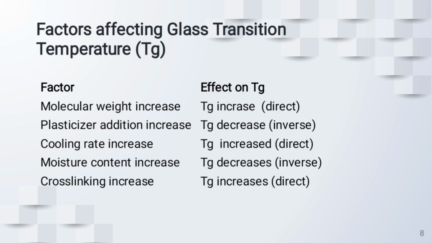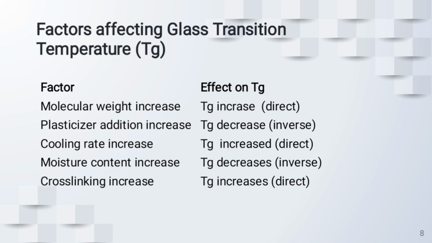It means it is inversely proportional. If the cooling rate is increased, then the transition temperature also increases. If moisture content is increased, then the transition temperature decreases, that is, inversely proportional. And if cross-linking is increased, then again the transition temperature increases. It means it is directly proportional.